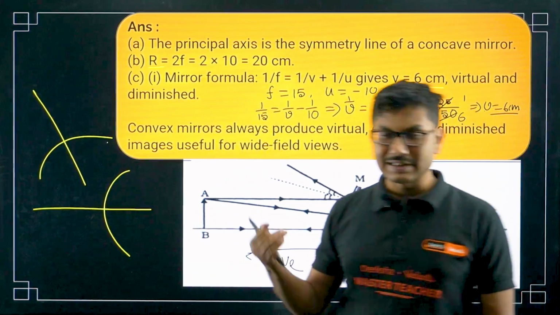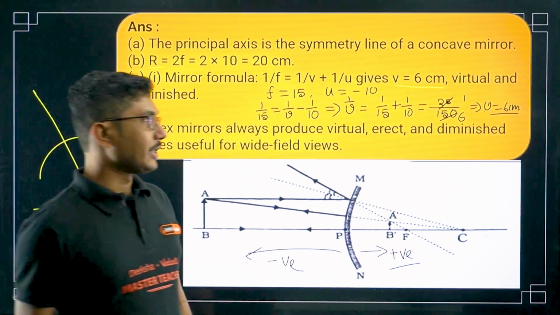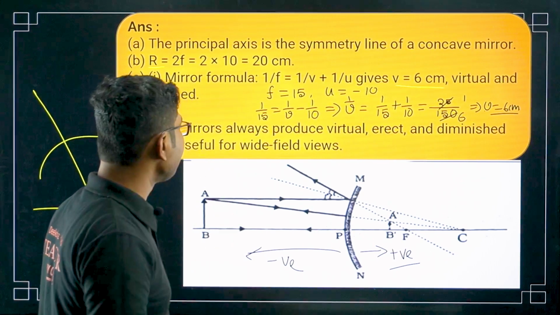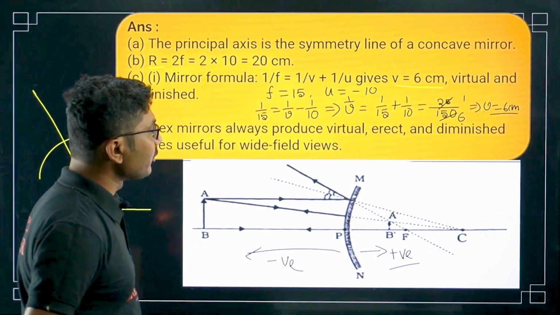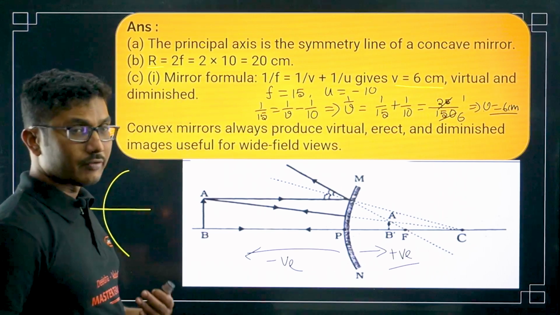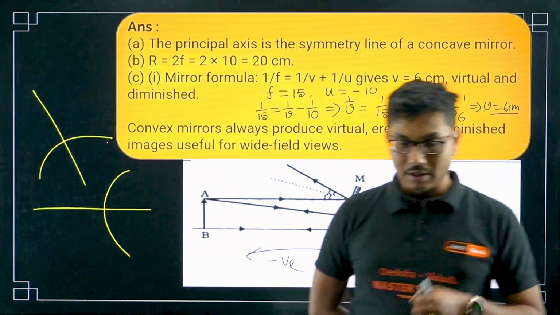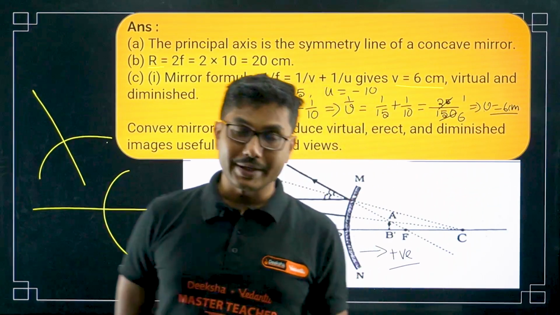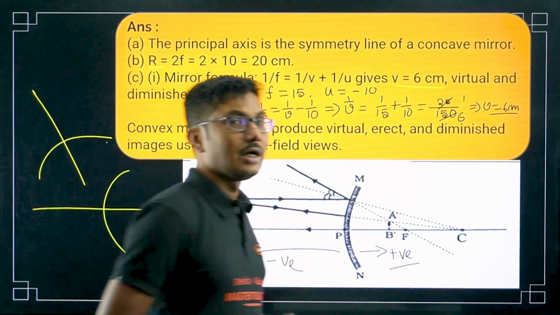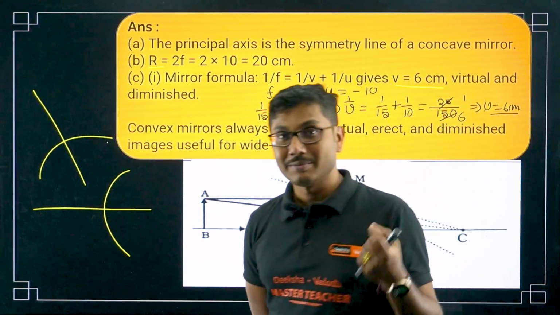If the image distance is less than the object distance, size will always be diminished. It will also be an erect image. Convex mirror always produces virtual, erect and diminished images, useful for wide field of views. Wide field of views means the rear view mirror of your car, or your bike, or your cycle, whatever you drive, that is basically a convex mirror.